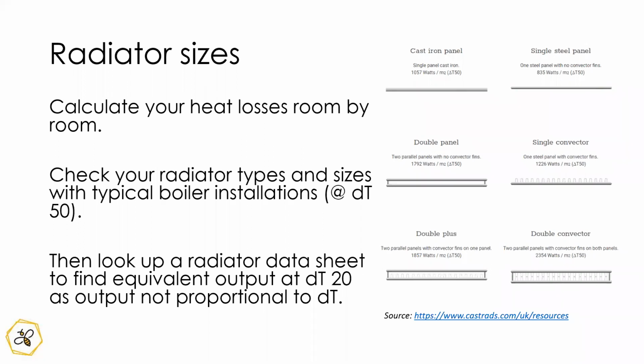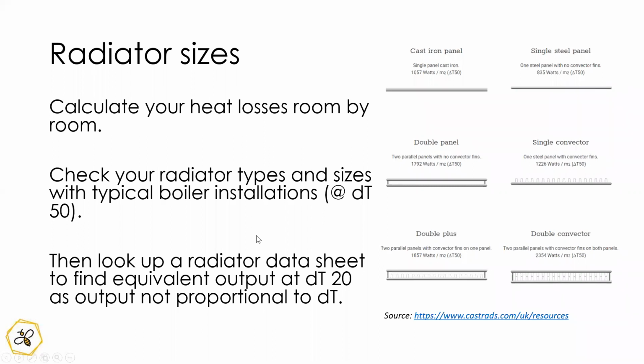When you've found your heat loss room by room, you can check your radiator types and sizes. This is a chart that you can look up, and it gives you the typical output when you have a boiler system, at a temperature difference of 50 degrees between room and your average system temperature.